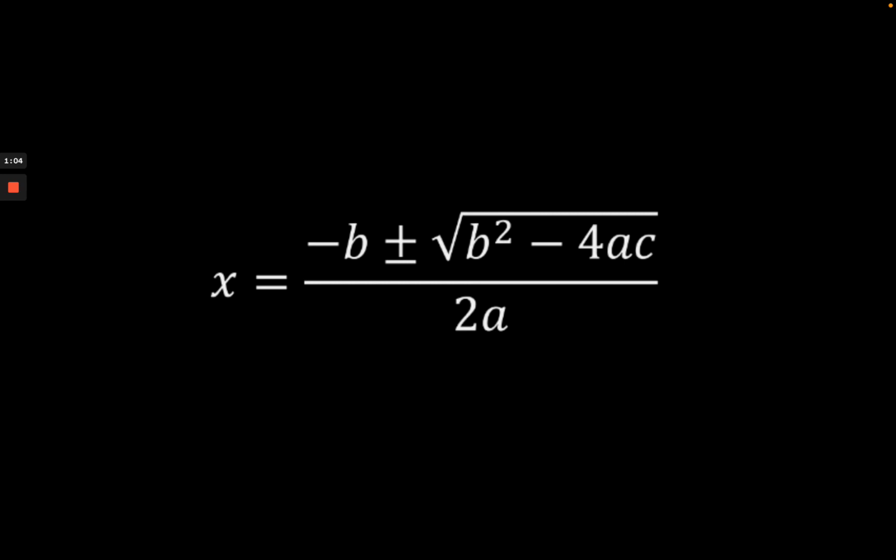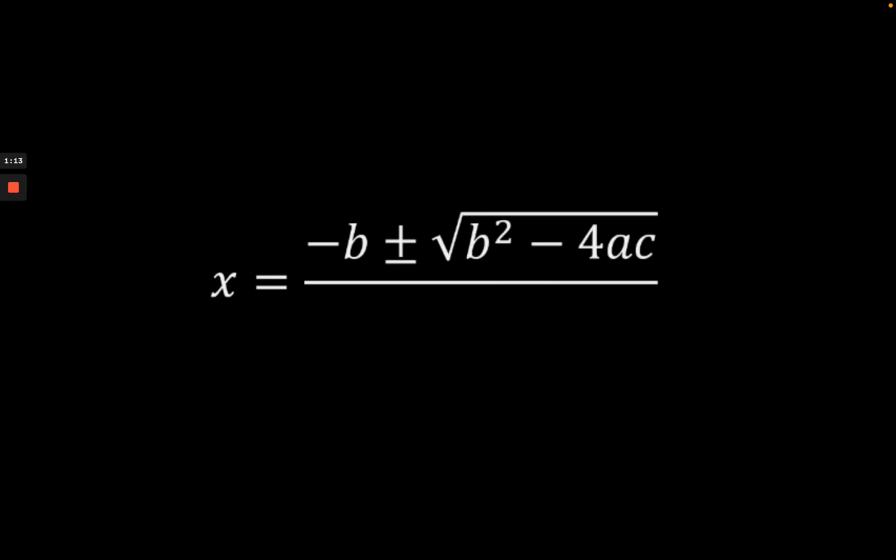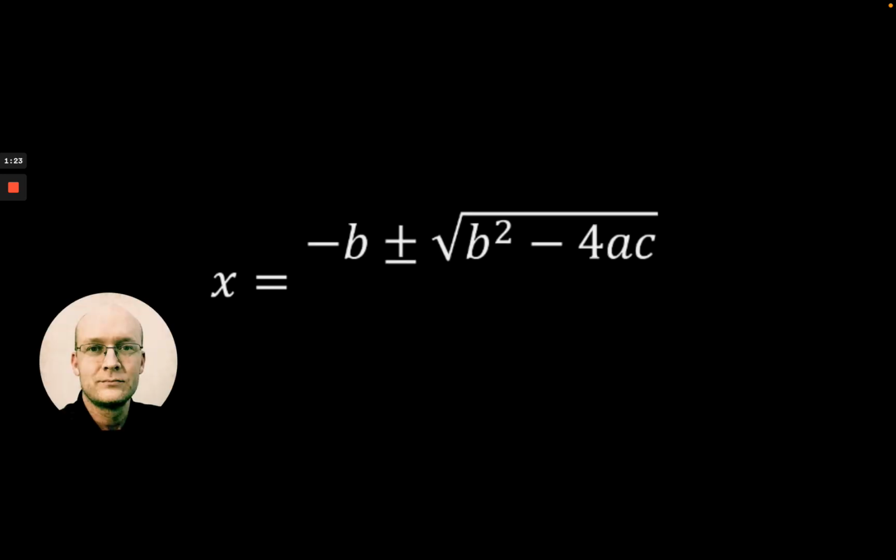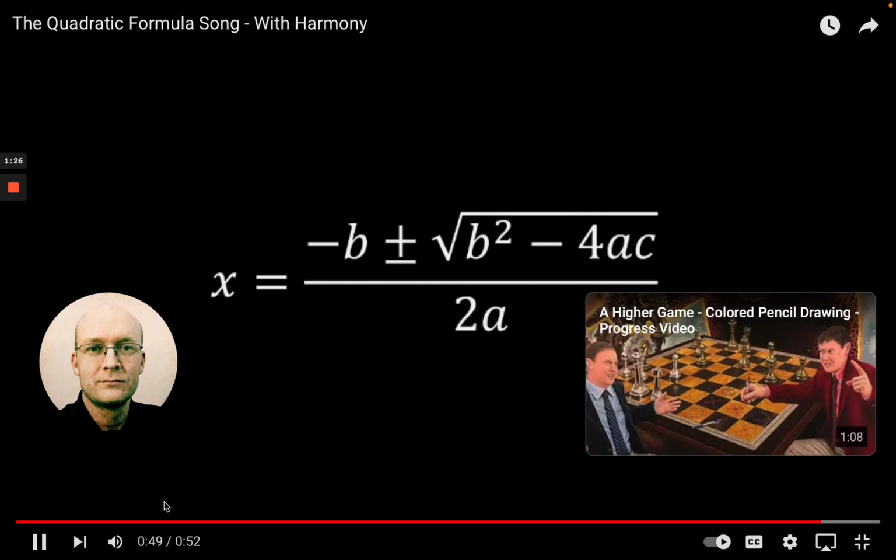That's right, sing it out nice and loud. X is equal to negative b plus or minus the square root of b squared minus 4ac all over 2a. That's my favorite part. Got the harmony here. Yay!